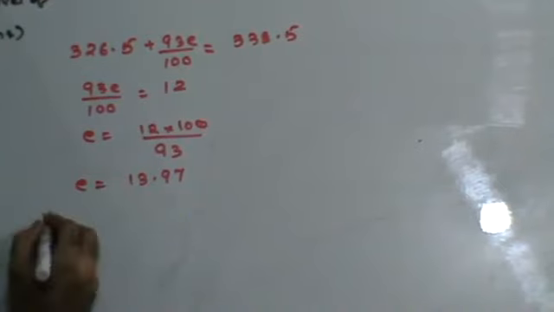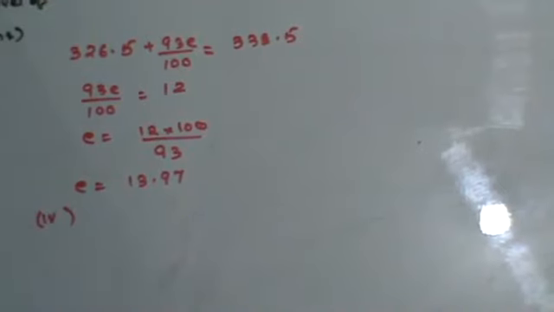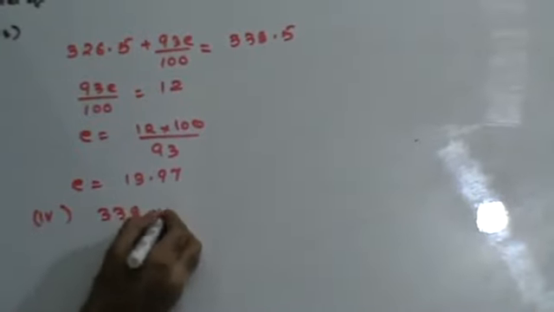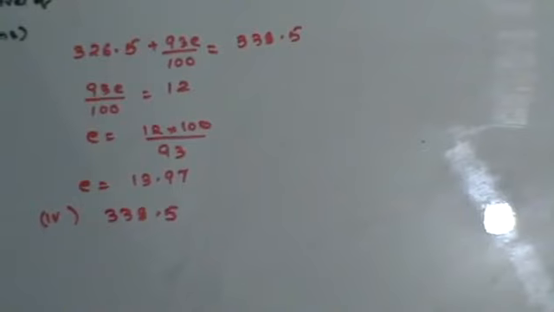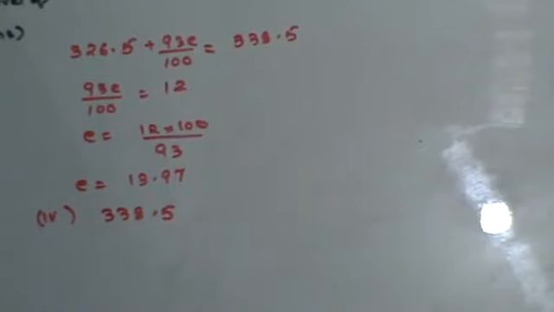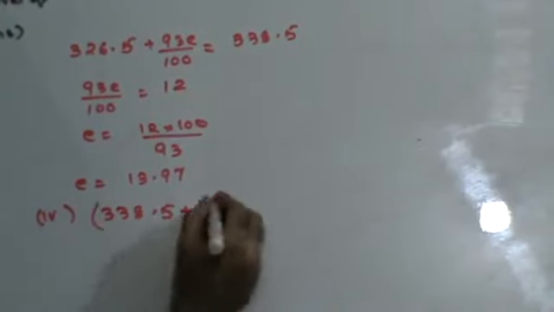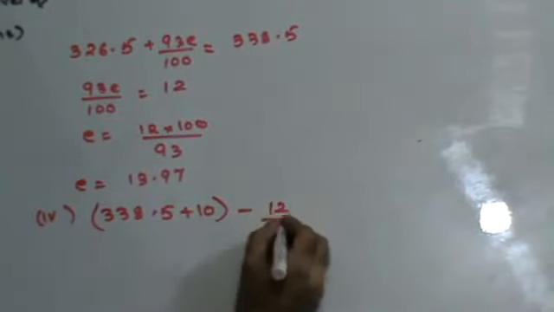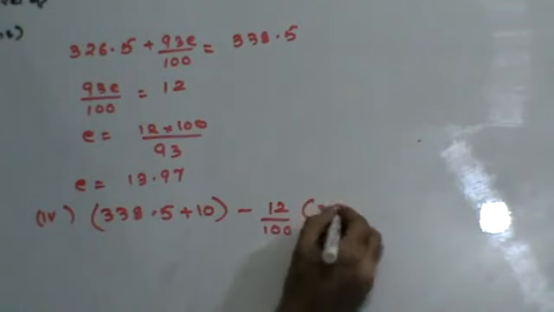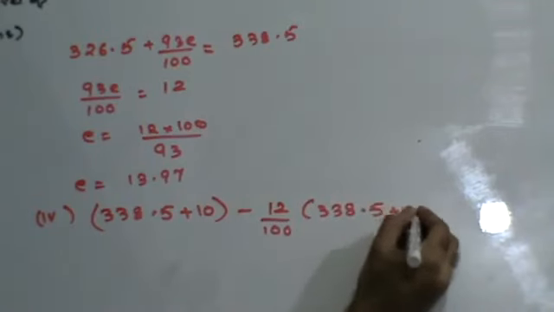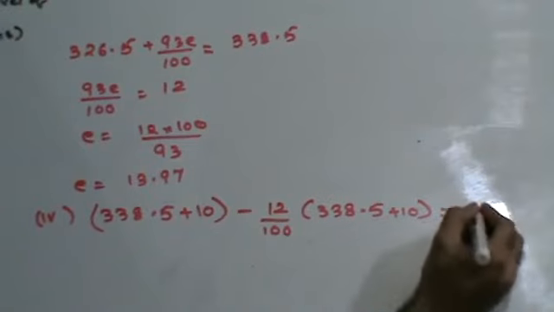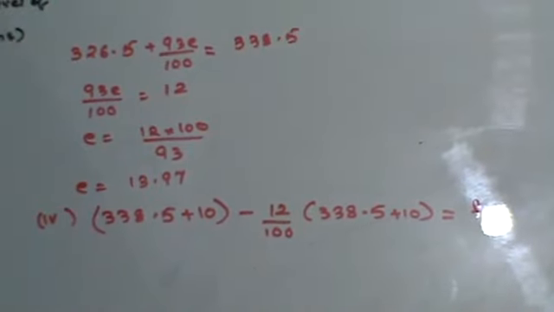Let's work for Friday. Now Thursday at the end, you had 338.5 centimeters of water. Friday morning, you filled in 10 centimeters of water. Friday during the day, you removed 12% of water. So at the end of Friday, you had F centimeters of water, right?